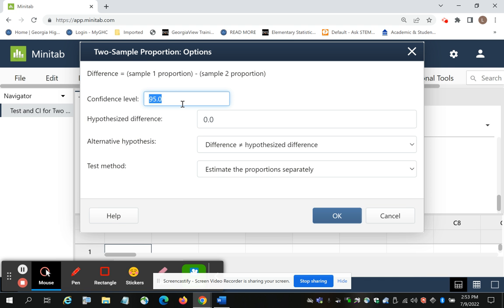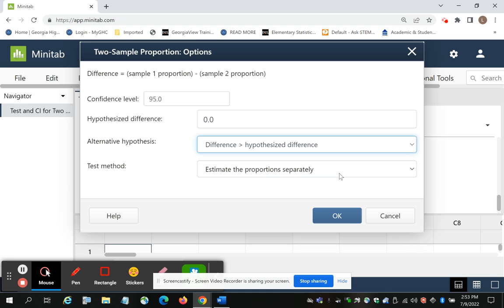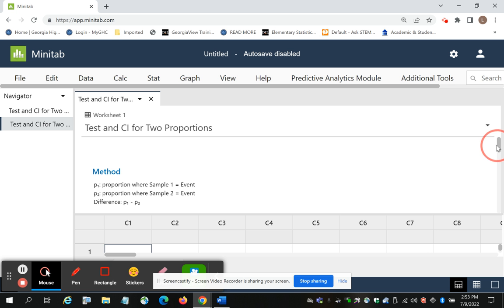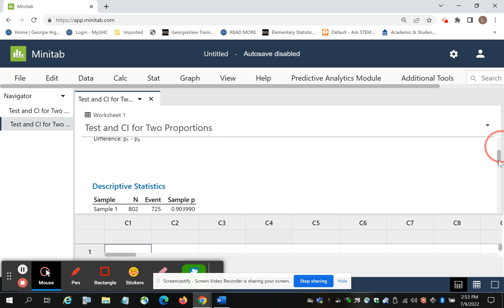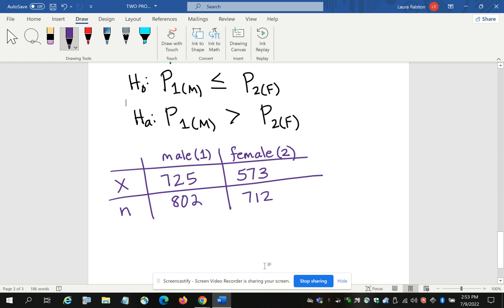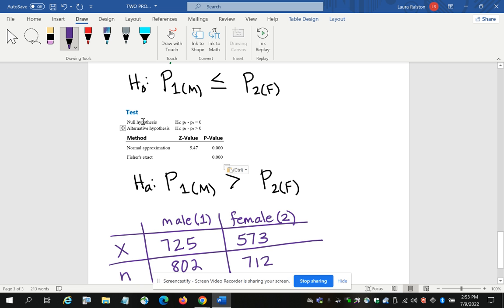We are using a 95% confidence. Hypothesized difference is 0, but this time we want it to be greater than, and we're going to do the proportions separately. We click OK twice, and Minitab goes to work, and we get our information.